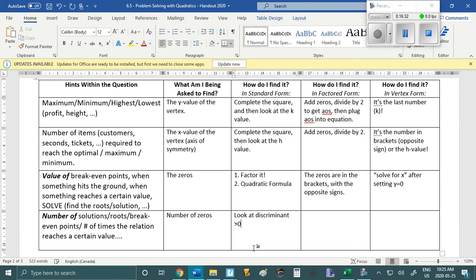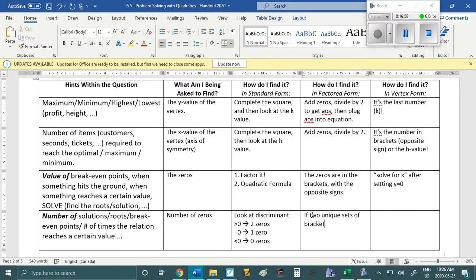If it's greater than 0, 2 zeros. If it equals 0, 1 zero. And if it's less than 0, 0 zeros.